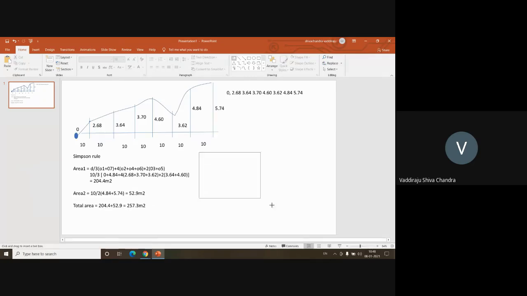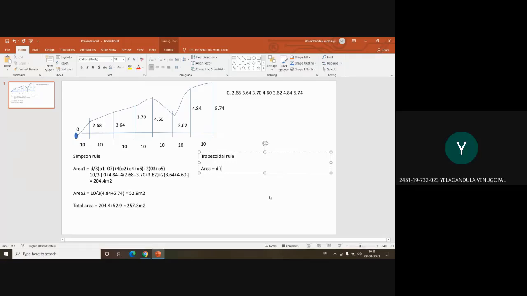So what is the equation of the trapezoidal rule? Area is equal to D multiplied by the first offset O1 plus the last offset ON, divided by 2, plus O2 plus O3 plus O4, on up to ON minus 1. Okay, this is the equation.